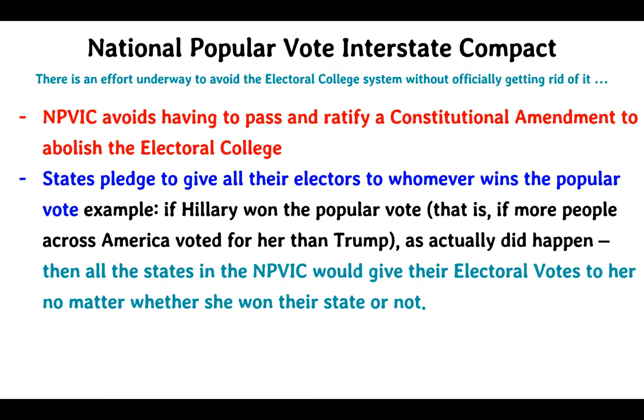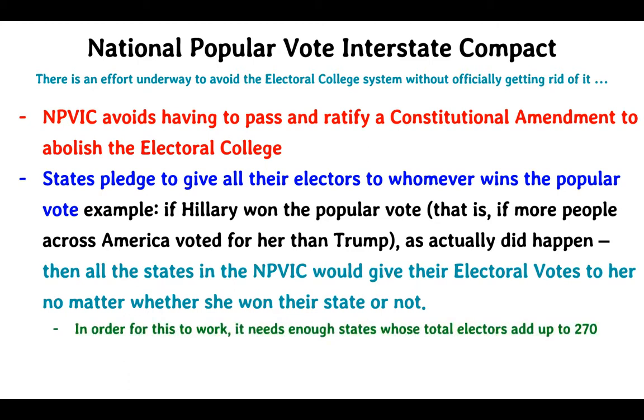In order for this to work, you need to have enough states that make up 270 Electoral College votes. Because if you've got 270, then they can basically decide, we're going to give the 270 to whoever won more popular votes, and that person would again have the constitutional number of Electoral College votes and would win.